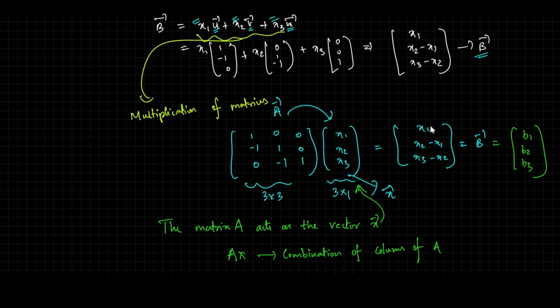So the first component is x1 minus 0; you can assume x0 to be 0. Then x1 minus x0, x2 minus x1, x3 minus x2. You are getting the result as the subtraction of the components of the vector x when you act A upon it.